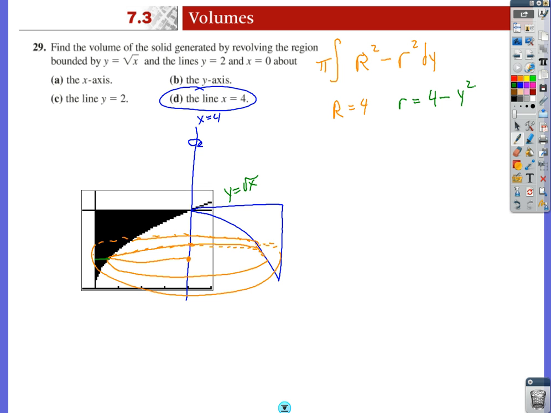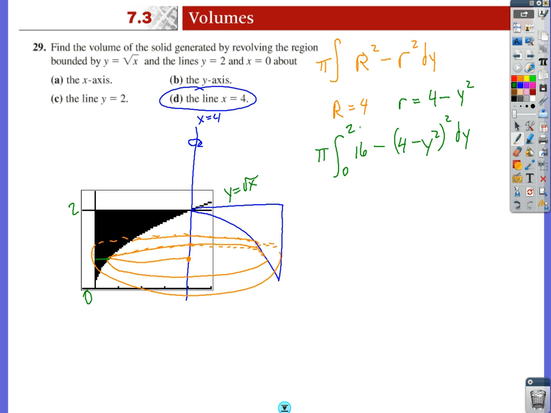All right, so then I plug things in. I get pi times the integral of 4 squared, which is 16, minus (4 minus y squared), dy. And because it's with a function value of y, I'm going from 0 to 2.